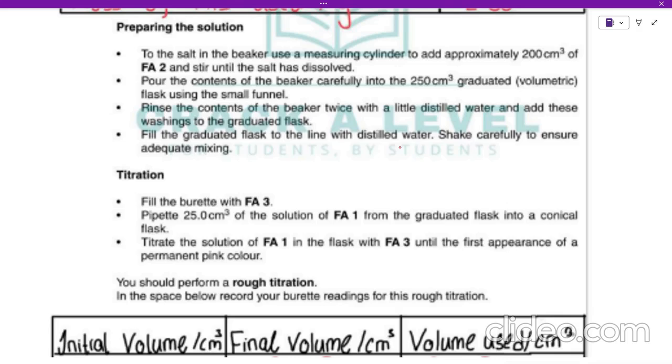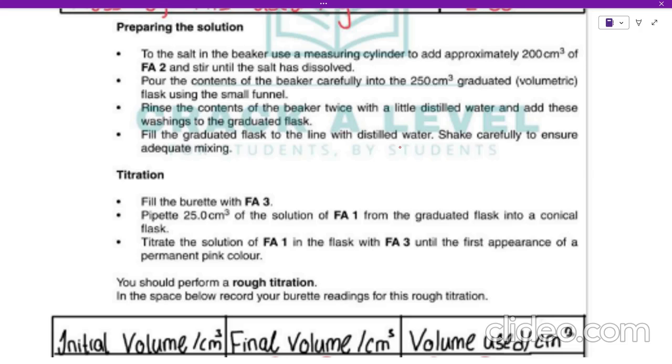Fill the burette with Fa3, and pipette 25 cm³ of the solution of Fa1 from the graduated flask into the conical flask. Titrate the solution of Fa1 in the conical flask with Fa3 until the first appearance of a permanent pink color.